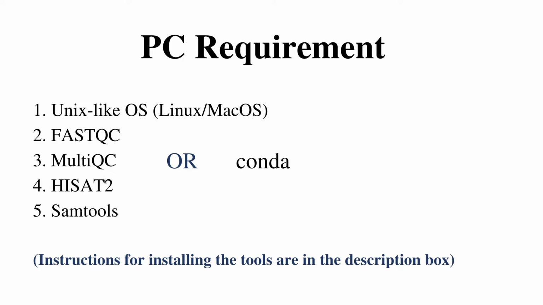Whichever way, the instructions for installing all these tools can be found in the description box. So if you don't have FastQC, MultiQC, HISAT2, SAMtools, don't worry, just make sure to install Conda, and I'll show you how to use Conda to install all the needed tools for this exercise. So without further ado, let's move to the terminal and then start the exercise.